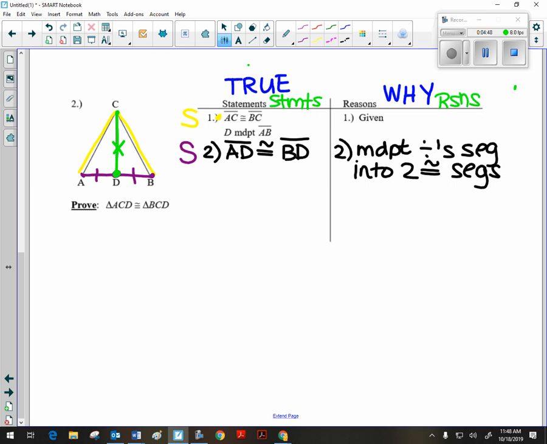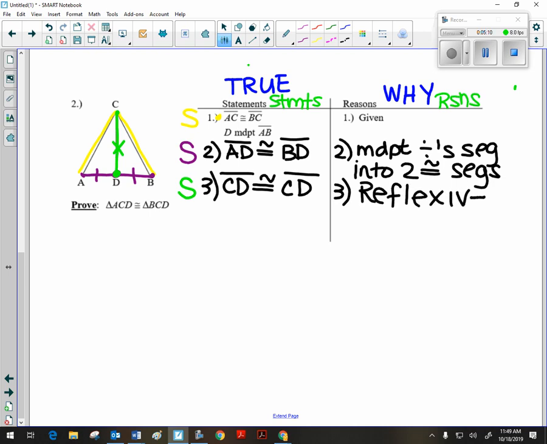So because I have basically CD congruent to itself, I know that I'm getting another set of congruent sides, and in line 3, I need to write down that segment CD is congruent to segment CD. My reason for that is exactly what we did in example number 1. It is reflexive.